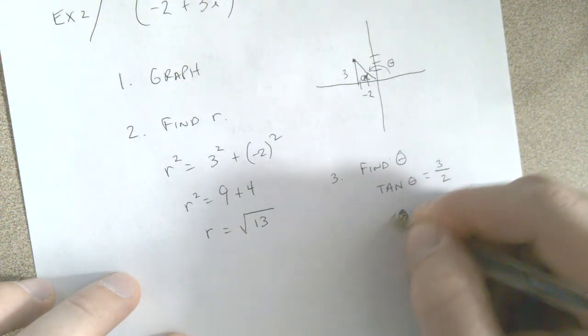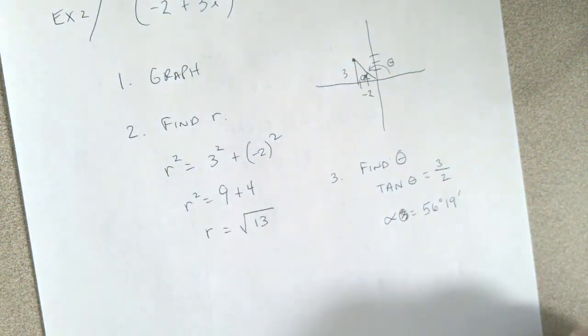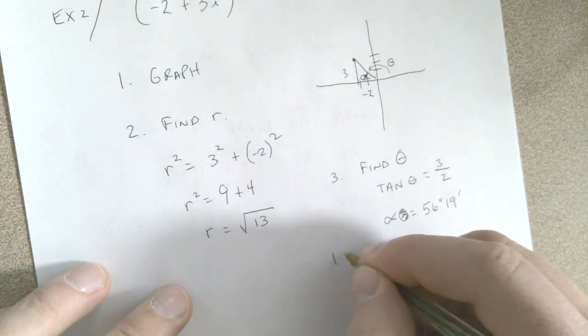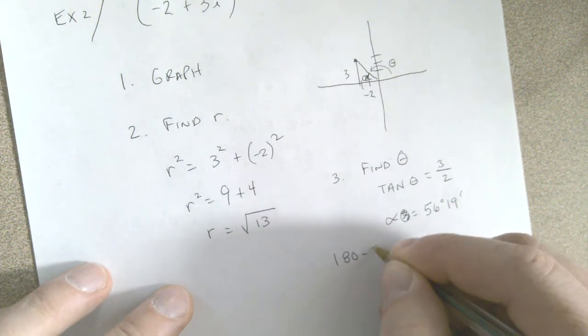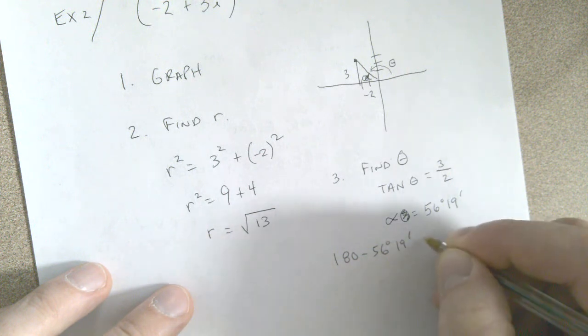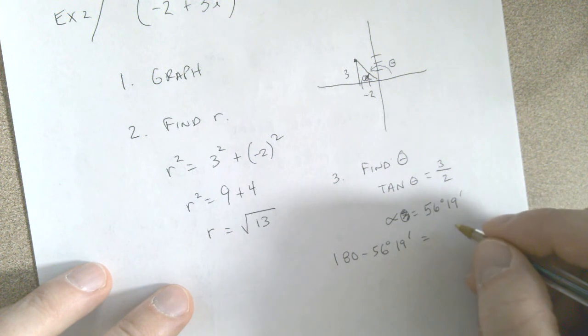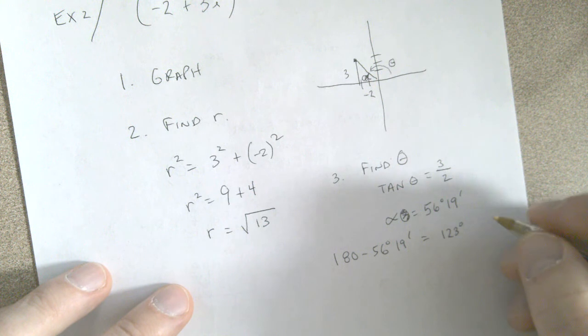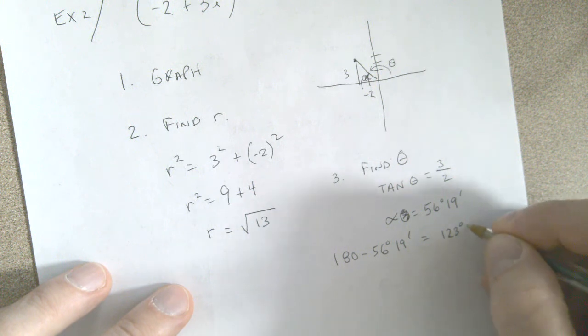So we take 180 minus the 56 degrees, 19 minutes to find our theta, and that gives you 123 degrees, 41 minutes.